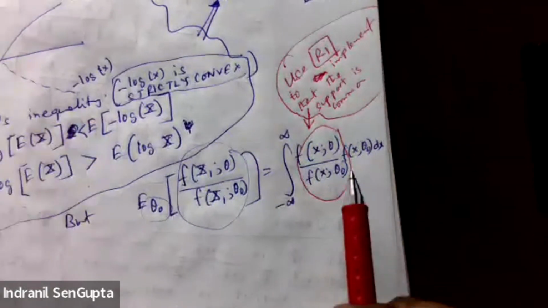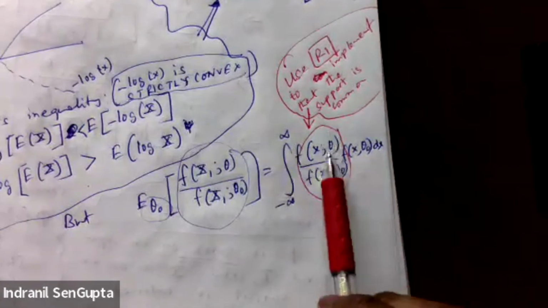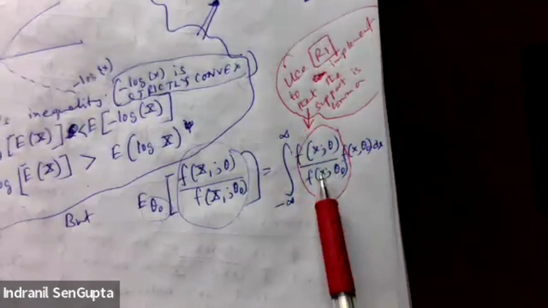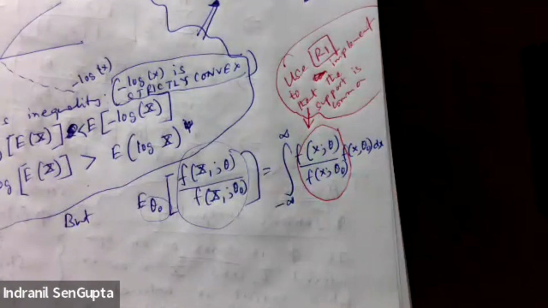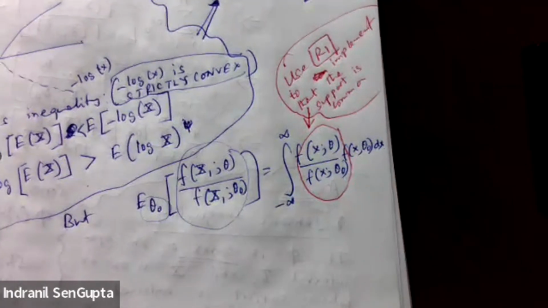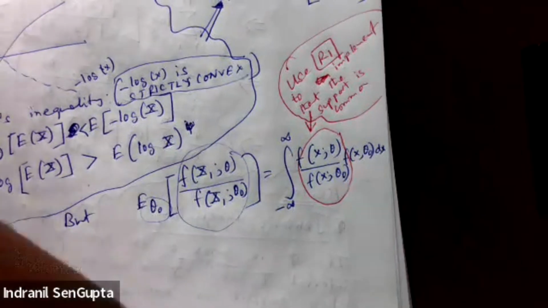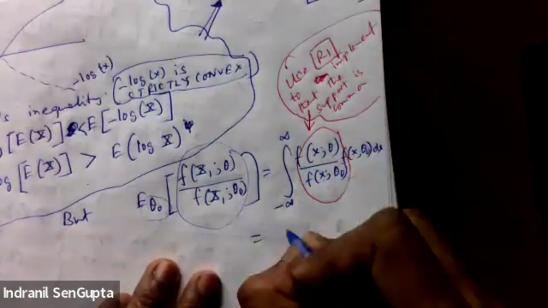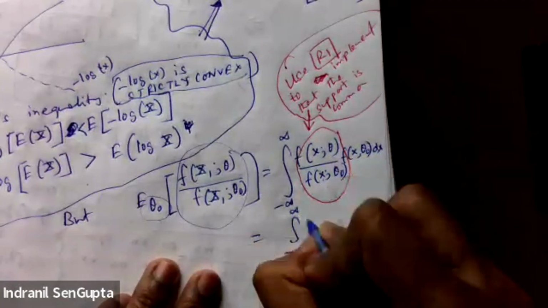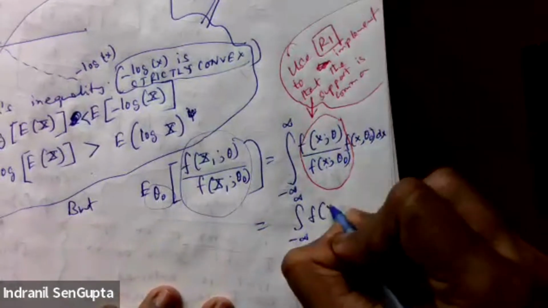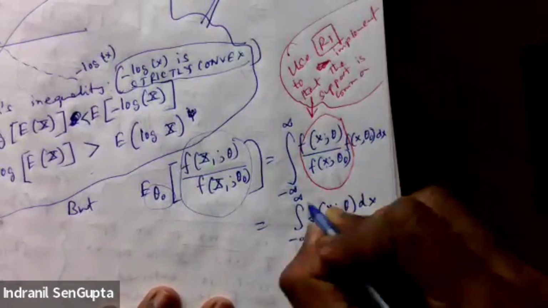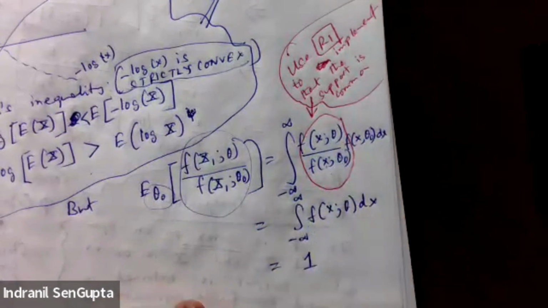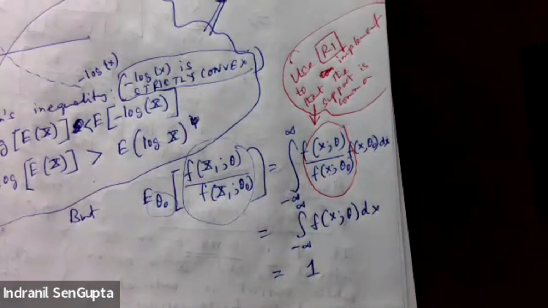Otherwise, suppose there are points for which it's non-zero, the denominator is 0, so you're basically dividing by 0, and we are in trouble. So we are implementing R1 here. Now you can just cancel this one. What you have is the integral from minus infinity to infinity of f of x theta dx, but this is a PDF, so this is 1.